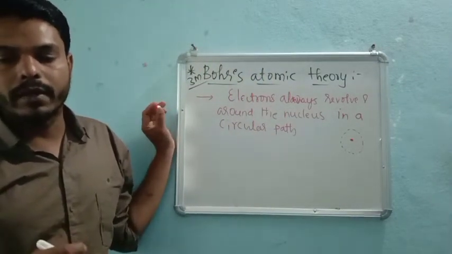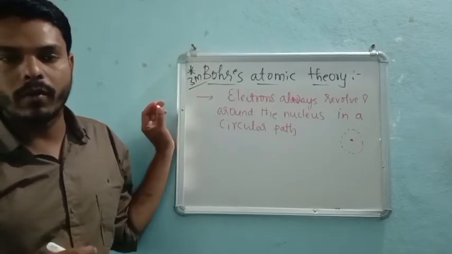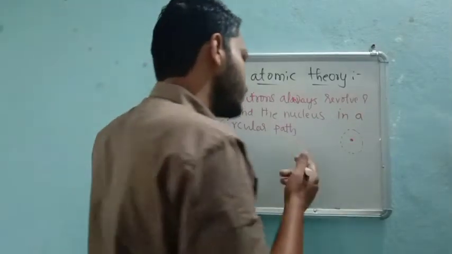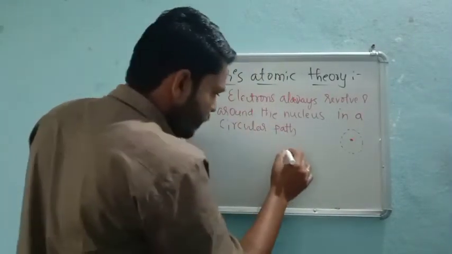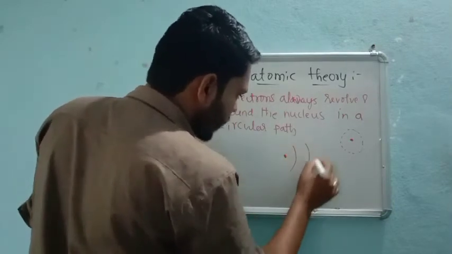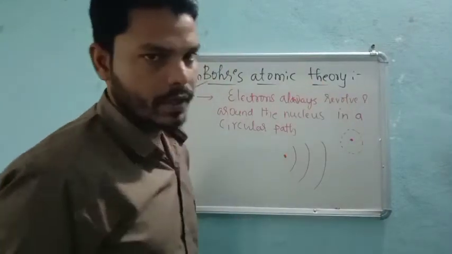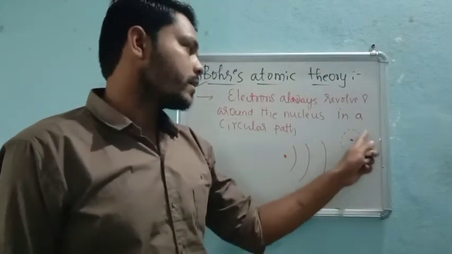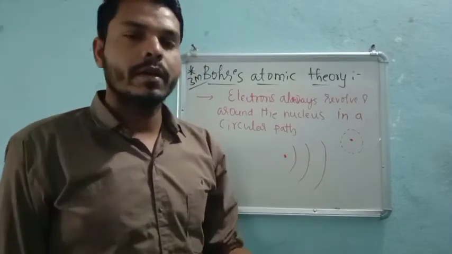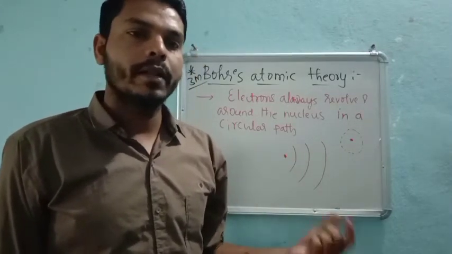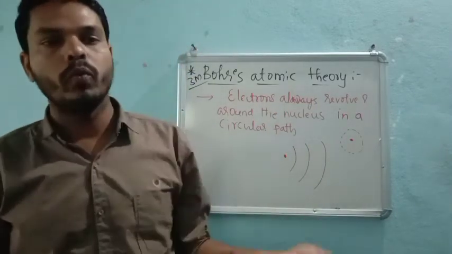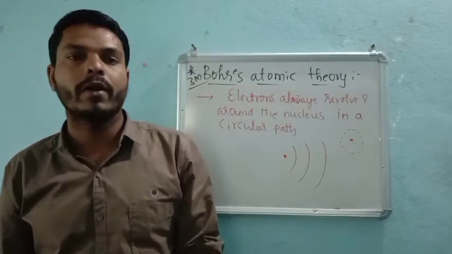Each orbit is associated with some amount of energy, called energy levels. If there is a nucleus, then definitely we will have some orbits. This circular path is called an orbit. In some atoms we have one circular path, and in other elements we have 2, 3, 4. It depends on the number of electrons.